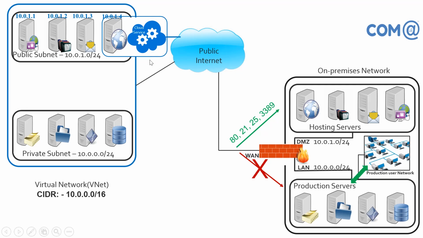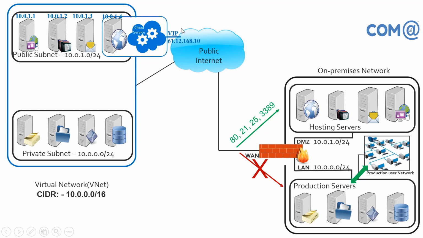So this cloud service, one end will be attached to the public internet, the other end will be connected with the virtual machine. Since the cloud service has two interfaces, one interface is connected with the virtual machine, the other interface is connected with the public internet. The interface which is connected to the public internet will have an IP address, which is called a virtual IP address.